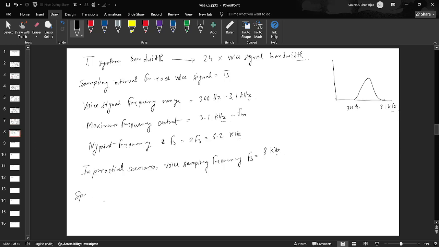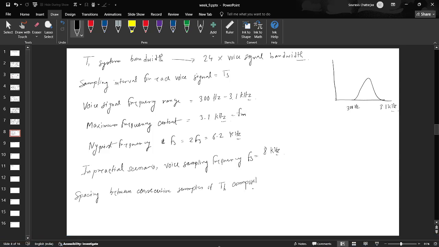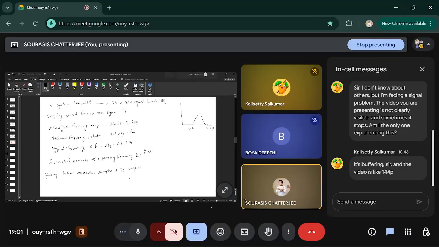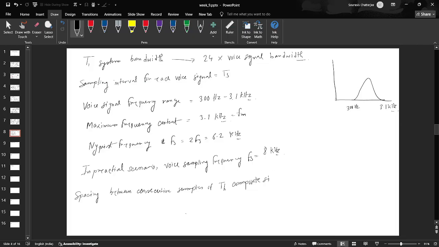So the spacing between consecutive samples of the T1 composite signal is, let's call it T, Ts over n.